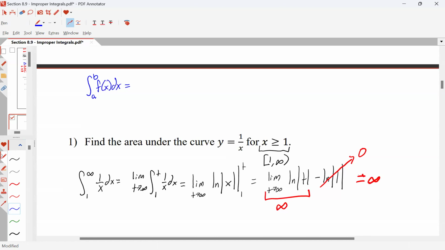So if we have an integral and it comes out to some number L, where L is finite, then we say the integral converges.